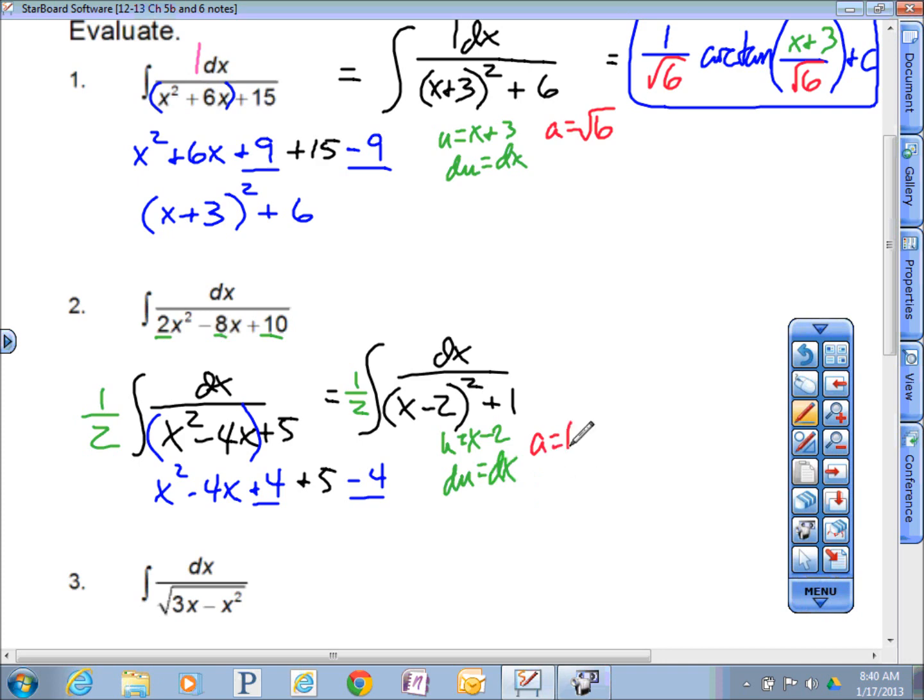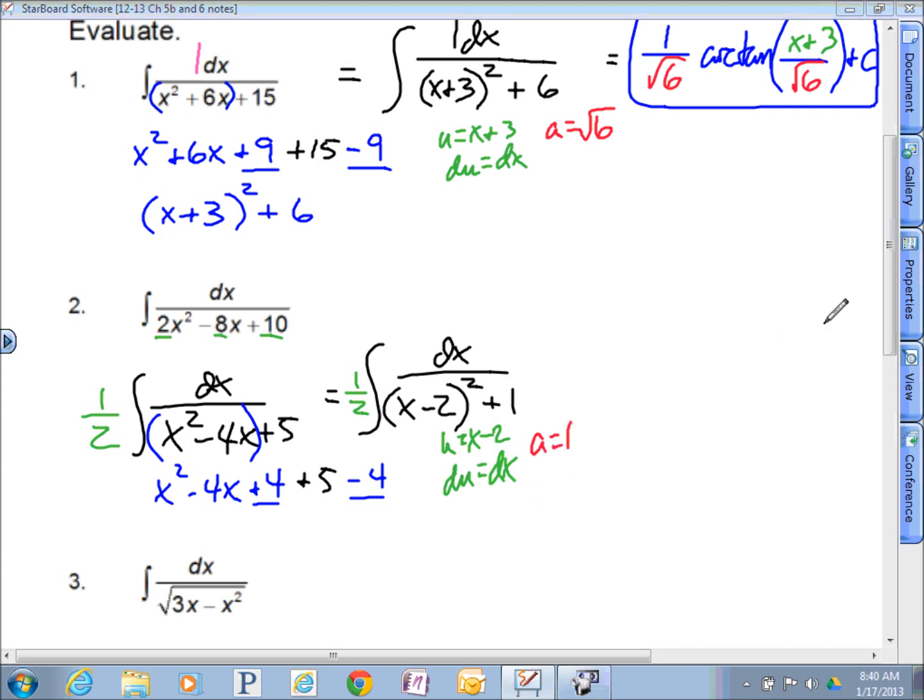So what do we have? We have a 1/2 of an arctangent, so 1 over a. So we're going to multiply by 1 over a. A is 1, so it didn't matter if we had that there or not. Arctangent of my quantity plus my c. What's my quantity? Numerator is x minus 2, denominator is a 1, so whether or not you wrote the denominator is kind of academic.